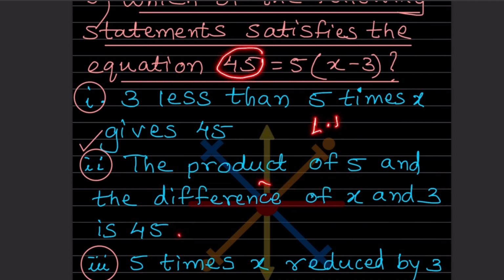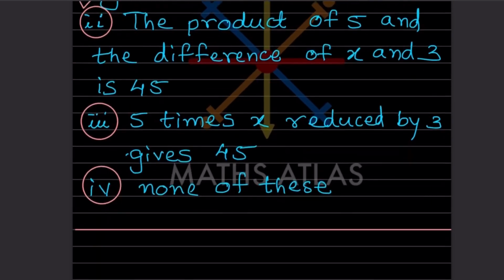As I told you in the previous one, we can also write the LHS first. LHS is equal to RHS or RHS is equal to LHS, both are the same. It doesn't change. Either you write this over here or over here, that doesn't matter. So this should be the correct answer.